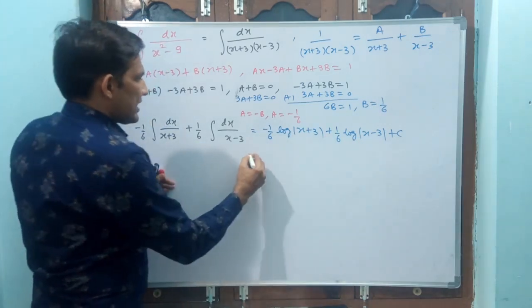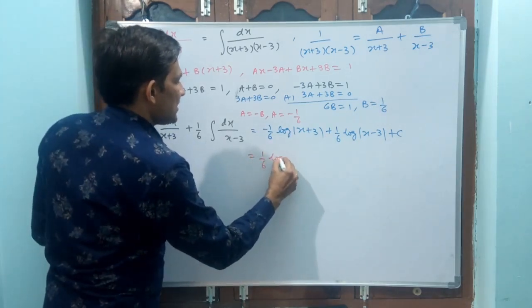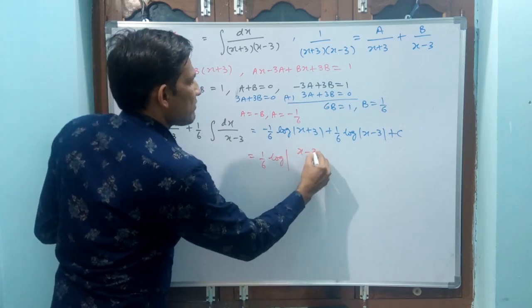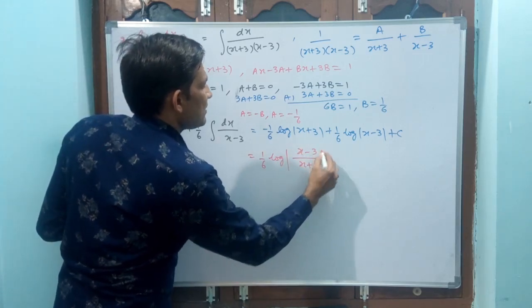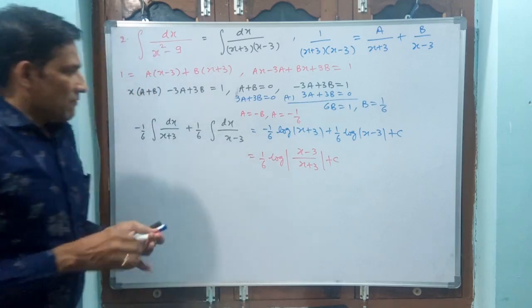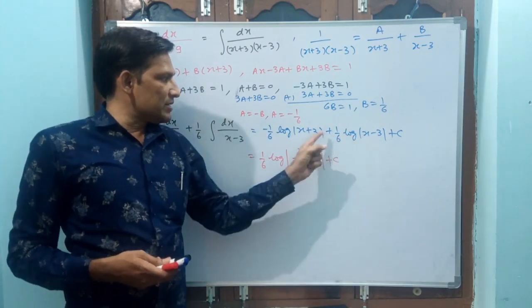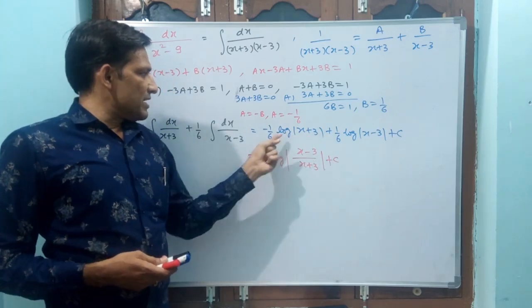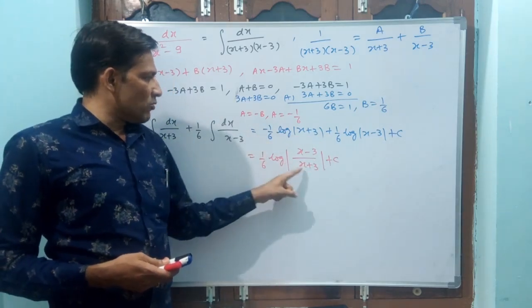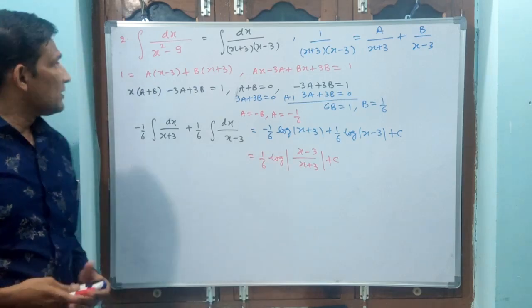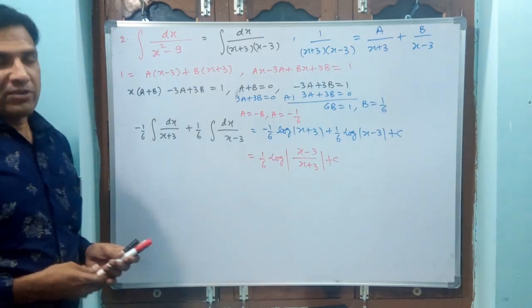How can we write? We can write like this: 1 by 6 log of modulus x minus 3 by x plus 3 plus c. Why? Because why x minus 3 in numerator? Because x minus 3 log is having plus, x plus 3 log is having minus. That is why it goes in denominator. This is the answer for your second question.